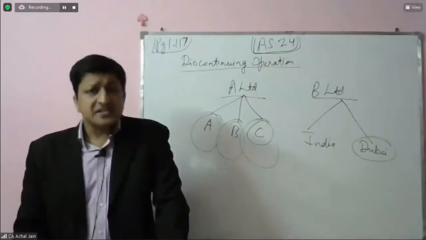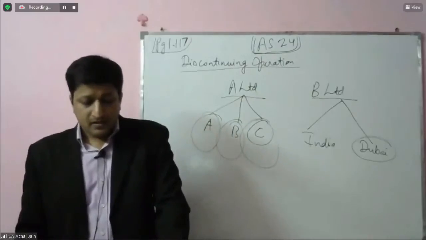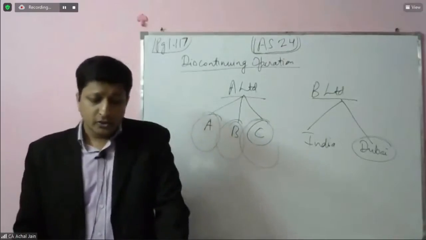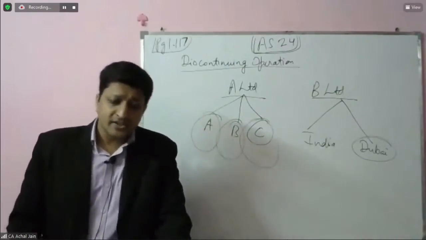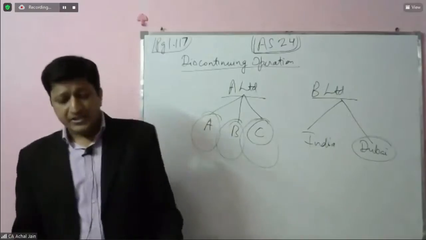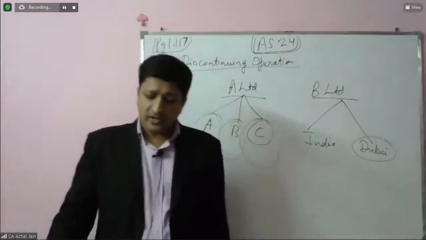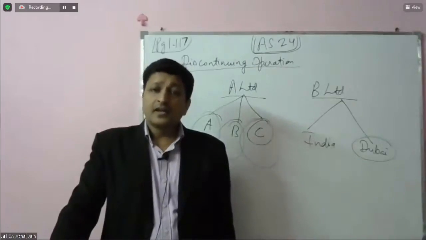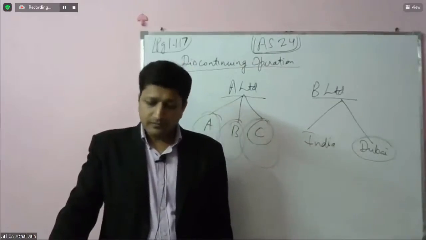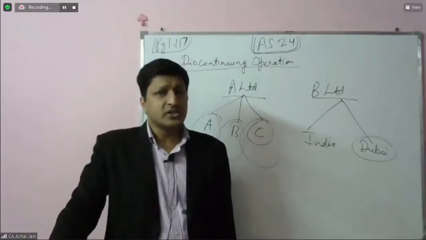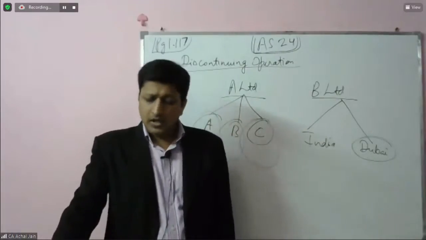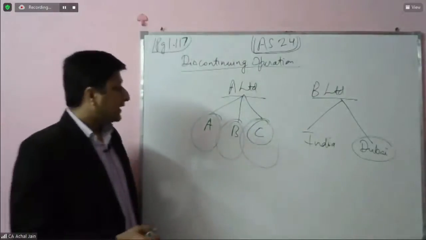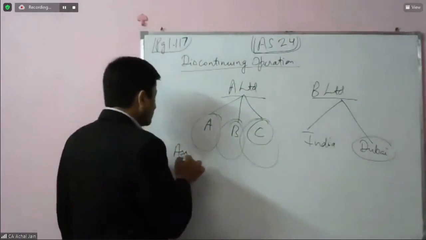Now, as around the third criteria, wherein we say that the operation should be the one which can be distinguished operationally as well as for financial reporting purposes. Now, when do we say that it's the one which can be distinguished? If all the following conditions are met. What are those? Operating assets and liabilities of the component can be directly attributable to it.